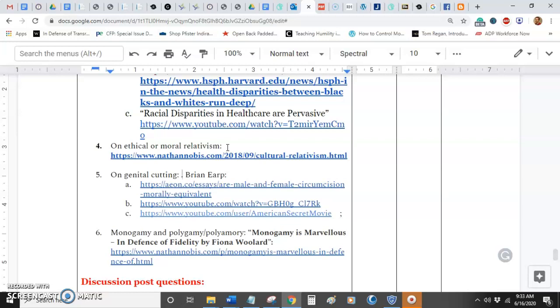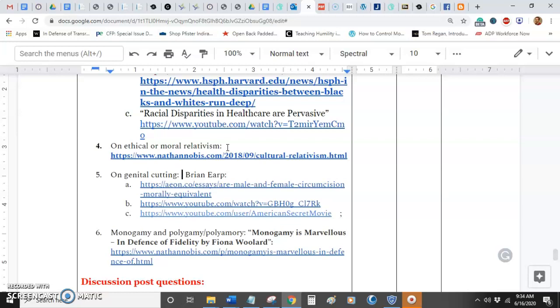So that would mean that if somebody thinks male circumcision is okay, they should think that female genital cutting is okay also. So he argues that people should respond to this by saying that both types of genital cutting are wrong. And he makes his case basically by going back to the moral theories that we discussed above.